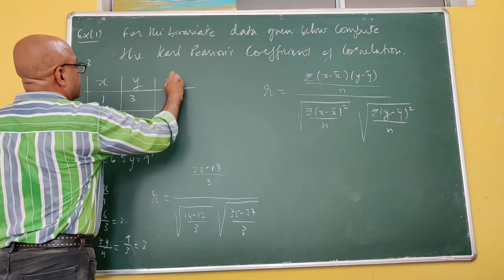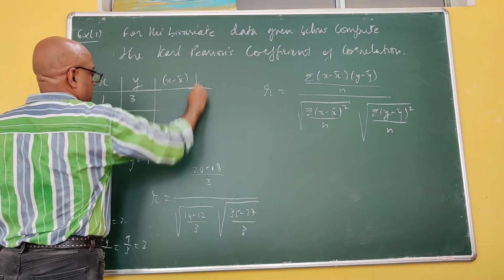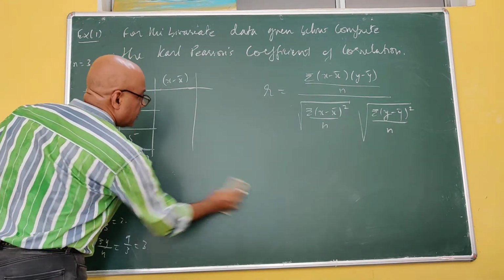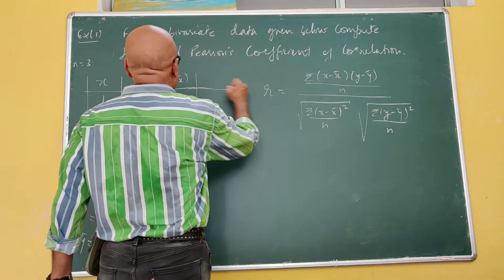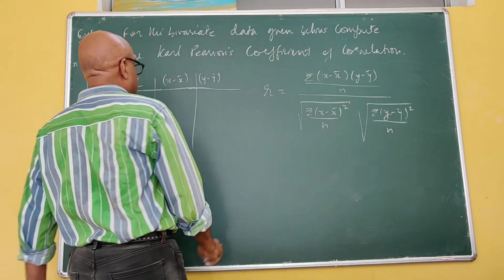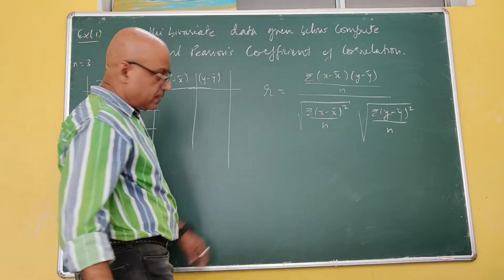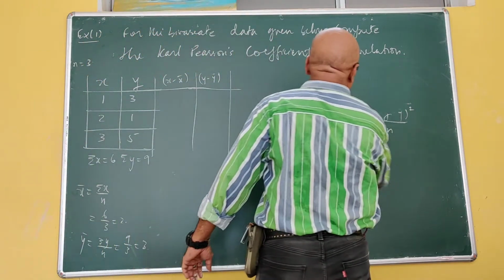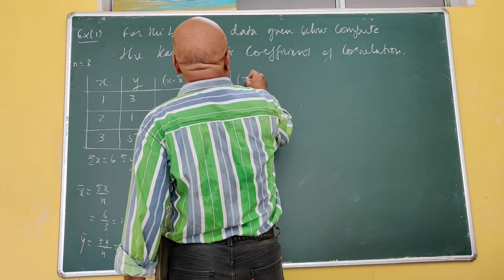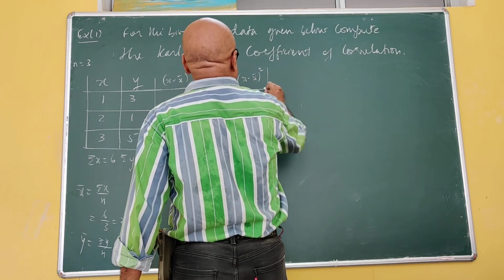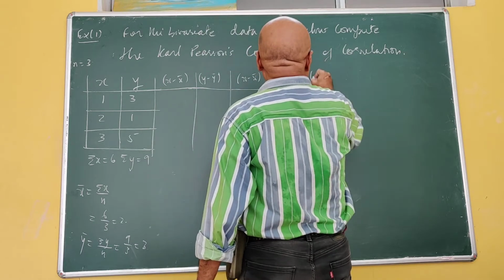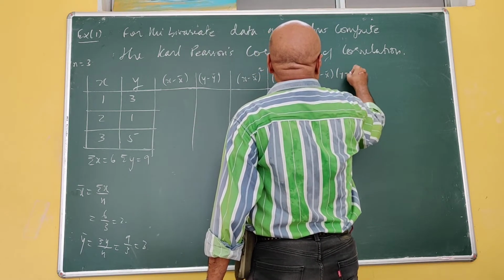So if you have x minus x bar as one column, and you have y minus y bar as another column, and then I'll write this formula again. We'll show that they are equal actually. And then you have x minus x bar square, and then you have y minus y bar square. Oh, you could have directly done that. And then also you have x minus x bar into y minus y bar.